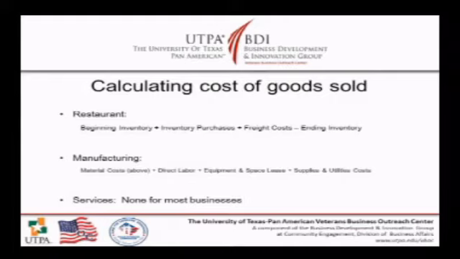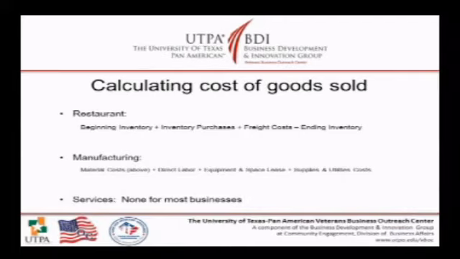A manufacturing company is going to take their material costs plus their direct labor plus their equipment and space leased plus their supplies and utilities. And that's going to equal their cost of goods sold. And basically for services, there is no real cost of goods sold. There's only operating expenses.